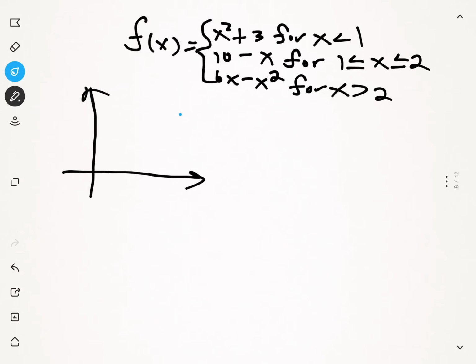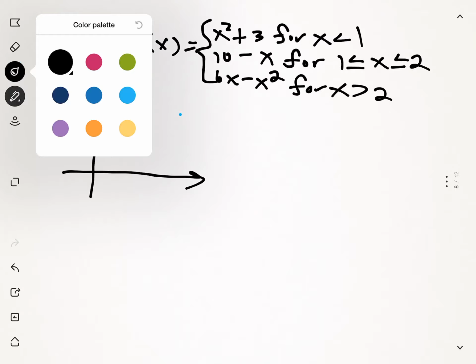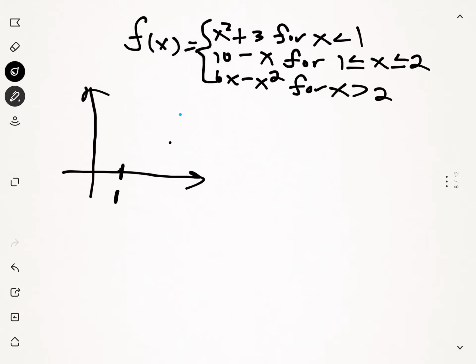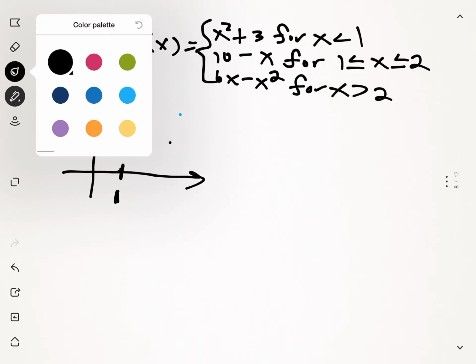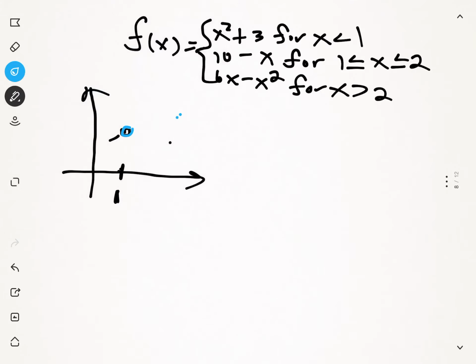Now, when x is 1, so we're going to start here with some values. So I'm going to start first with 1. When x is 1, we get a value of 4. We know it's a parabola, so we're going to go down and up.